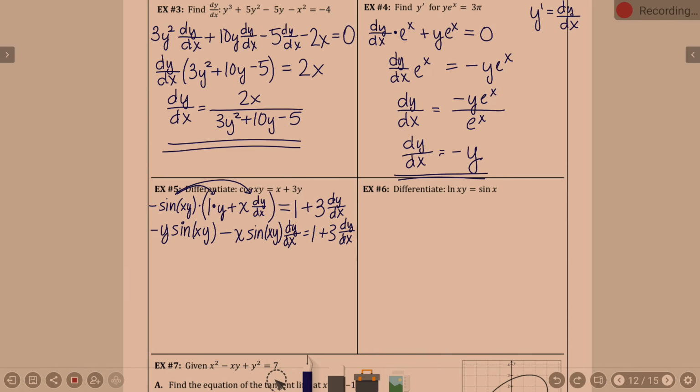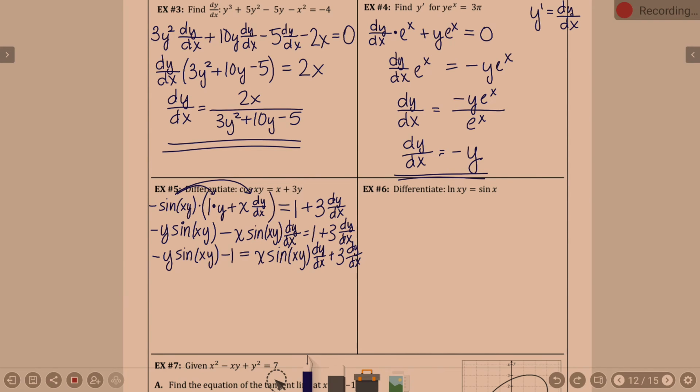So you're suggesting adding the x sine xy dy dx to the right, and then we're going to subtract the 1 to the left. Let me write this out. Negative y sine xy stays, and then we're subtracting 1 from that. On the right, I'm going to put the plus x sine xy dy dx term, and then the plus 3 dy dx. Not that the order matters. You just need both terms over there.